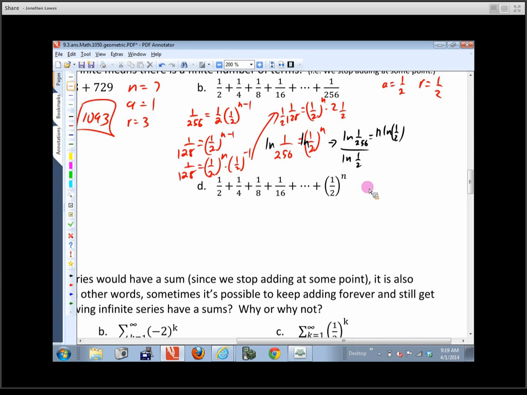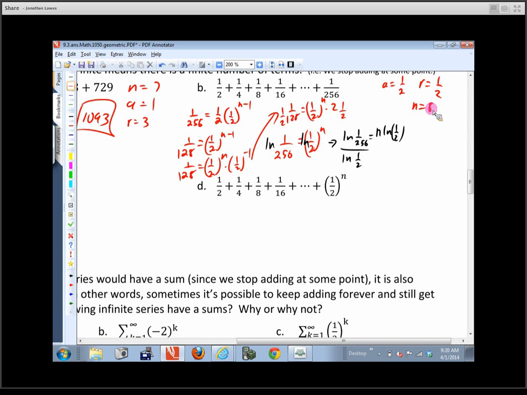And that you can type into your calculator. Ln of 1/256 divided by the ln of 1/2. It is 8. Okay. So you get n is equal to 8, and then we can plug it into the formula.